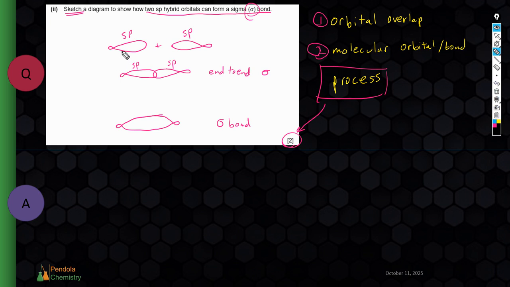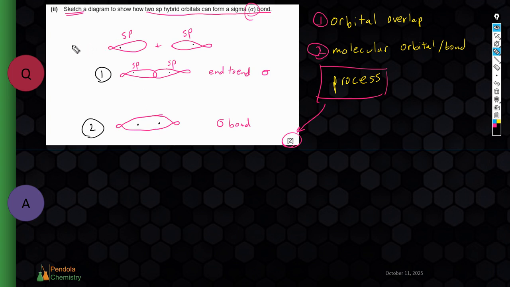So I'm going to draw my nuclei here, and then I'm going to draw them here. Essentially, that's the center of the atoms that are combining. You want to have some kind of indication of where they are. So here I have my step 1, here I have my step 2. I have the orbital overlap, and I have the actual molecular orbital that's created.